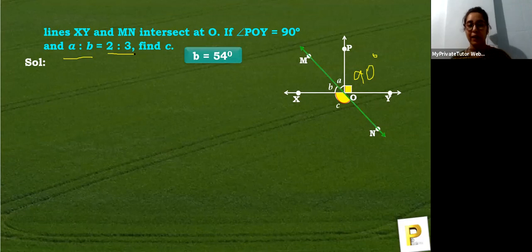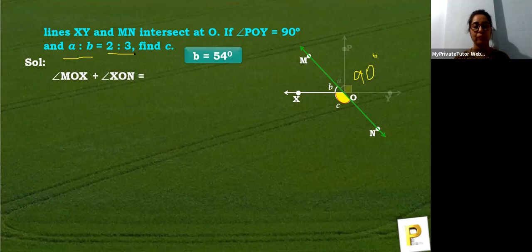So first line we have is MN, then you have XY. Okay, so angle MOX plus XON is equal to 180 degree. Okay, can anyone tell me what will be the reason for this?